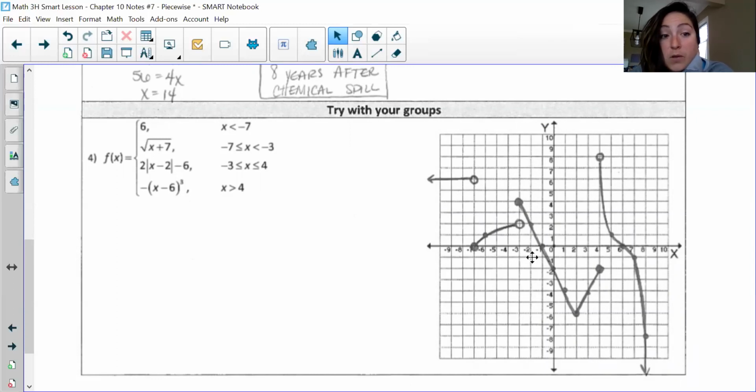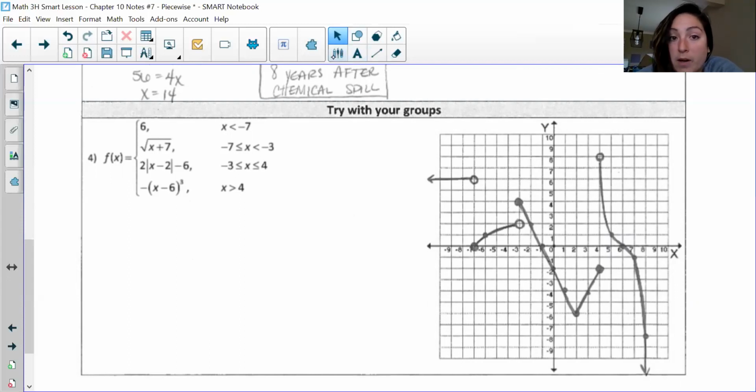So we shift that to the right 2, down 6, and then we go up 2, right 1, up 2, right 1, up 2, left 1, up 2, left 1, over the domain -3 to 4, inclusive on both ends. And then we have x cubed that was shifted to the right 6, as long as x is greater than 4. So open circle where x is equal to 4, arrow on the other end, so keep going.